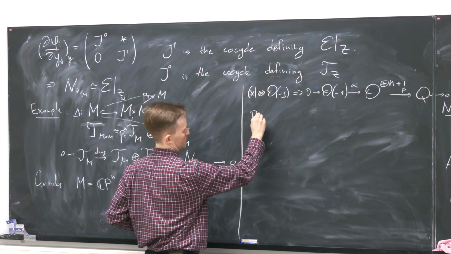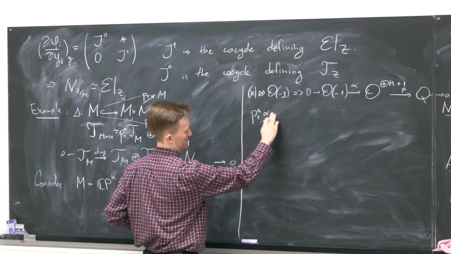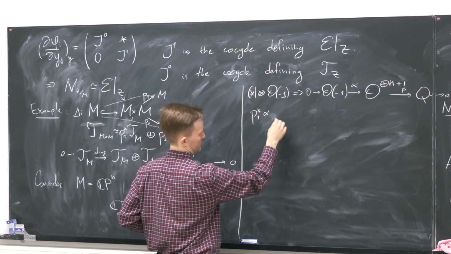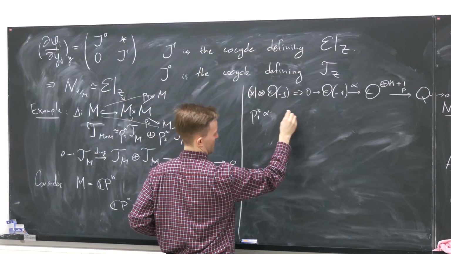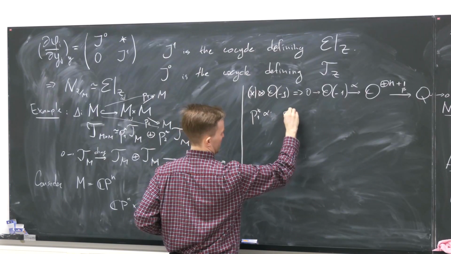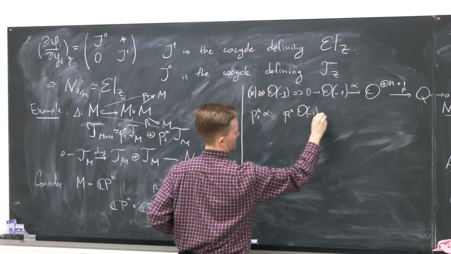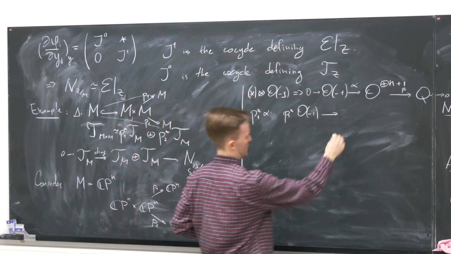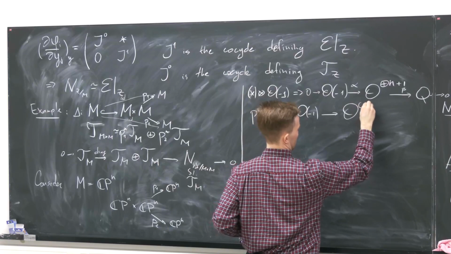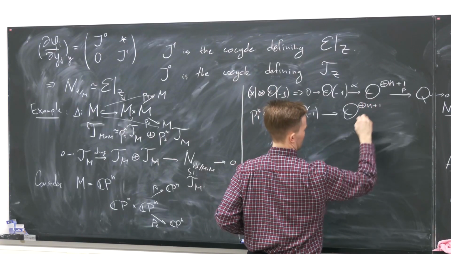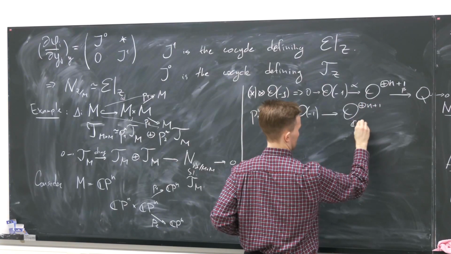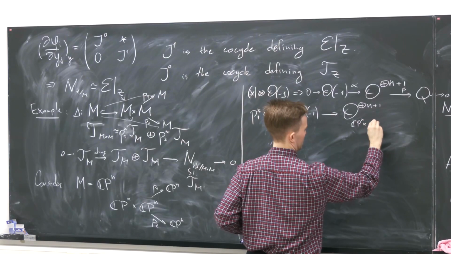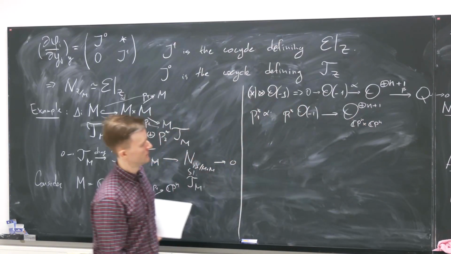So let's pull back alpha via P1. So this will give me a morphism from the pullback of O(-1) to the pullback of the structure sheaf, which is itself the structure sheaf already, but on CPn cross CPn now.